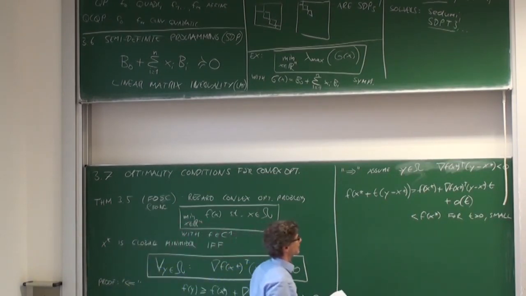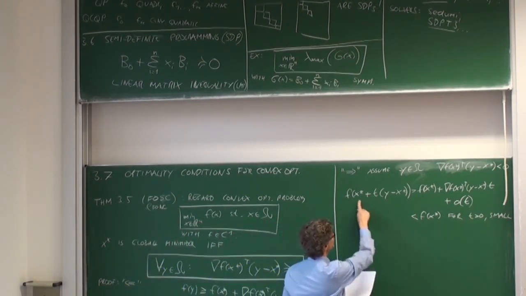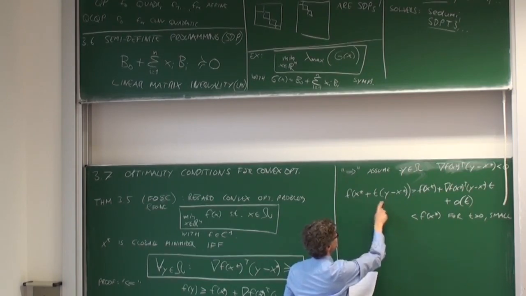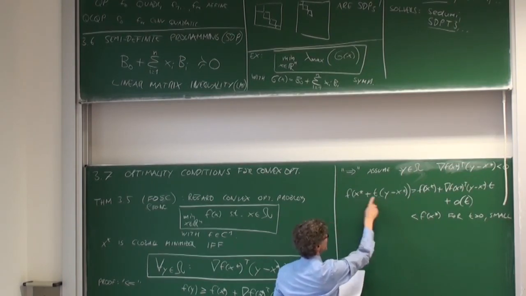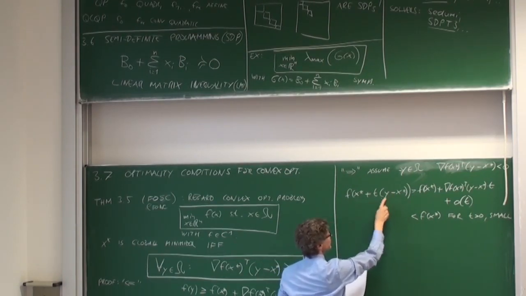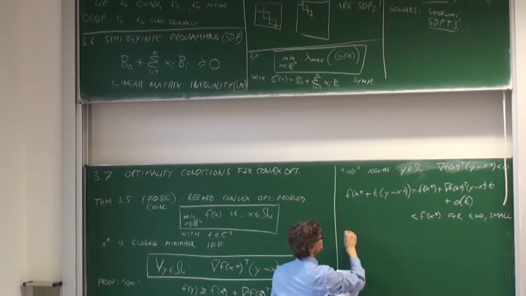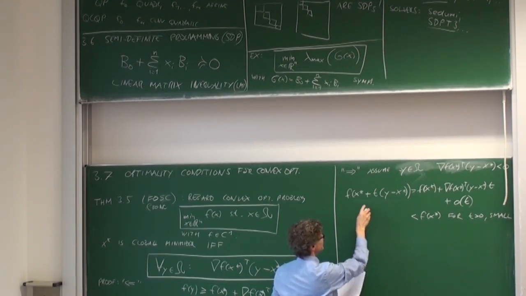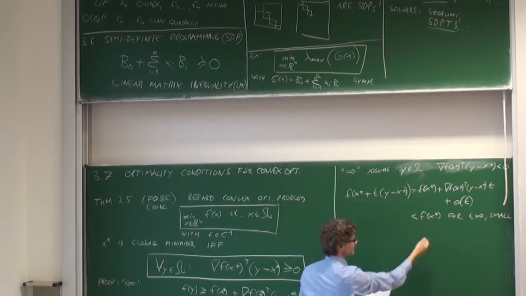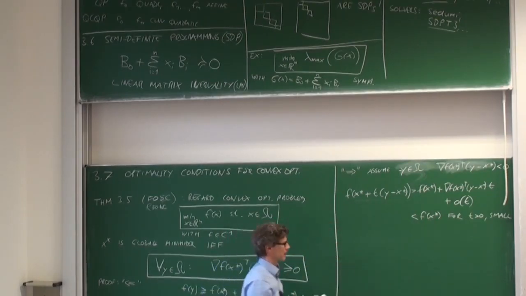And that means already that we have found a better point, because this is a feasible point. It's on the line between y and x star. Both are feasible. So we have proven that x star is not a global minimizer.